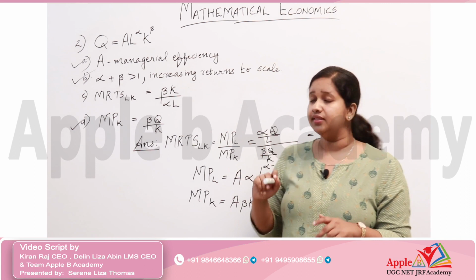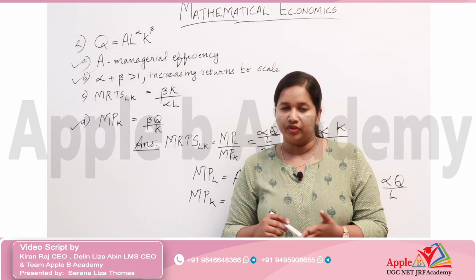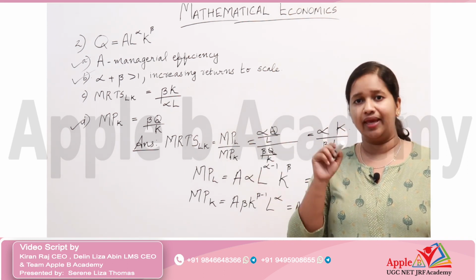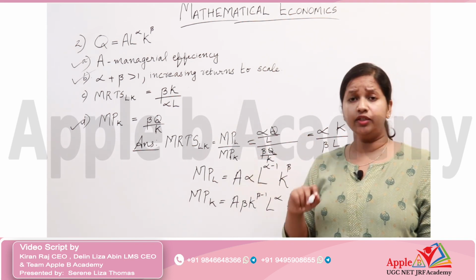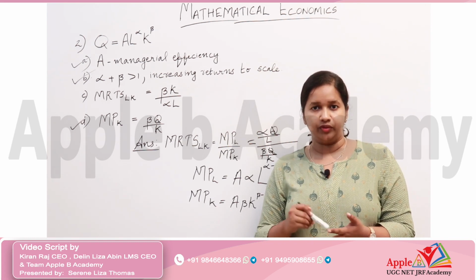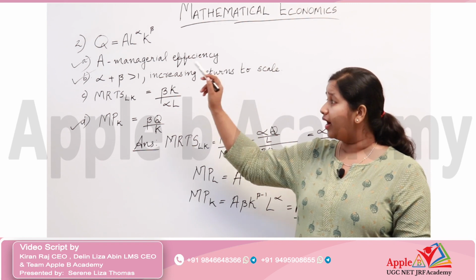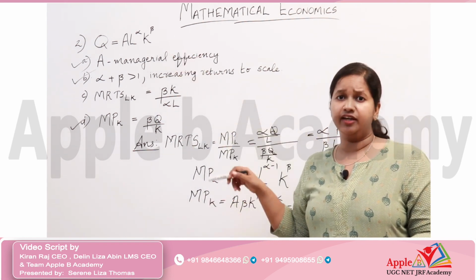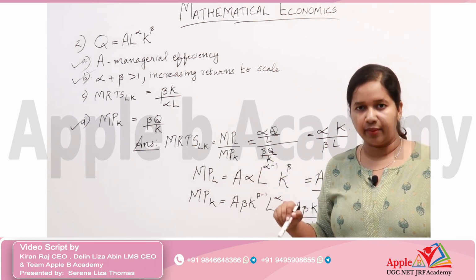Then the third one is the marginal rate of technical substitution of L for K. The marginal rate of technical substitution of L for K is equal to MPL by MPK. So we need to find the marginal productivity of labor and the marginal productivity of capital.